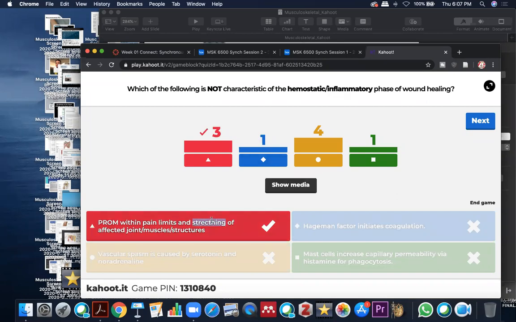You can stretch other areas of the body that are not affected, but you don't stretch the area yet. You can do that in the proliferative phase, but not in the inflammatory phase. You can still do passive range of motion within limits, but the stretching is the one word that makes this one wrong. The other ones are correct.